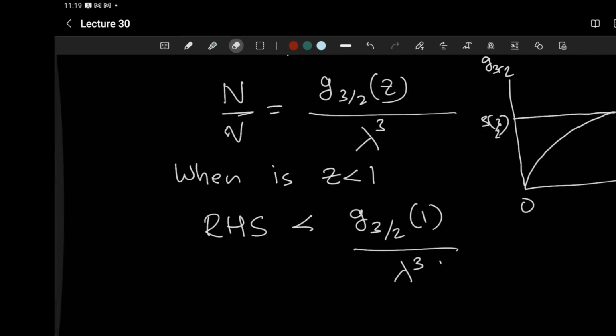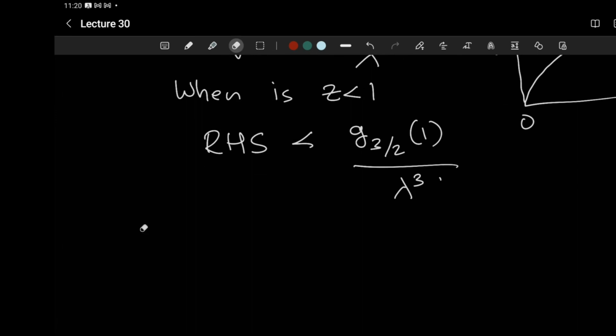So now you can see that this equality which we wrote happens only, in other words, 1 by V must be less than this quantity we called 1 by V naught, if you remember.